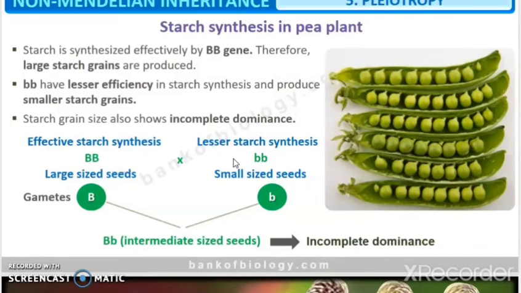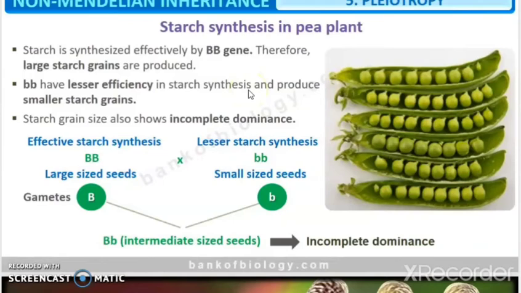Starch synthesis in pea plants is controlled by one gene, and it has 2 alleles, one capital B and the other small b. Starch is synthesized efficiently by the capital B gene, and therefore large starch grains are produced by homozygous capital B. In contrast, homozygous small b has lesser efficiency in starch synthesis.